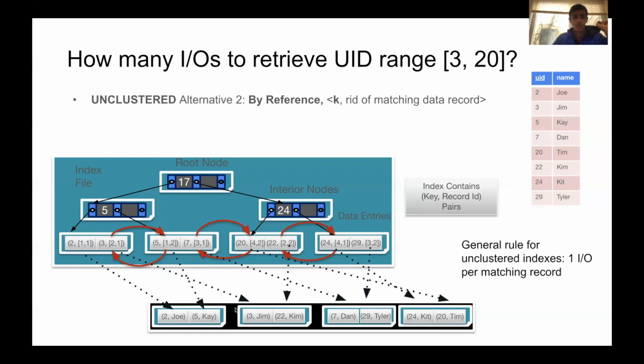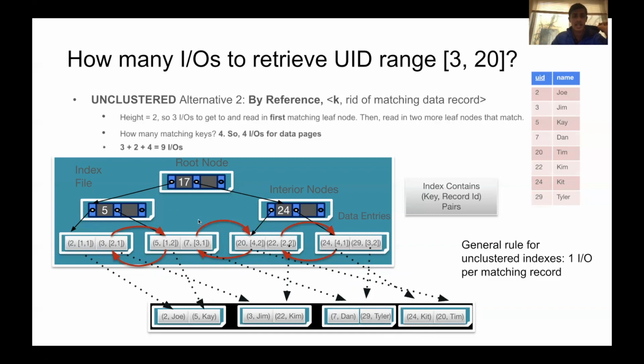So I'm going to have 1 IO per matching record. I have 4 matches here, and 5 index nodes that are read in. So I'm going to have 5 plus 4 equals 9 IOs to retrieve the UID range 3 to 20.